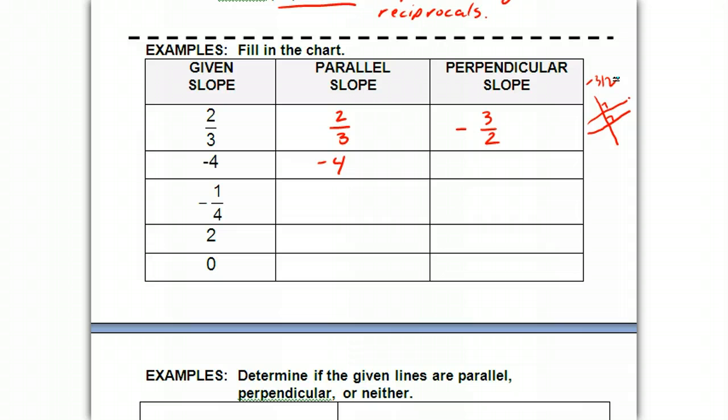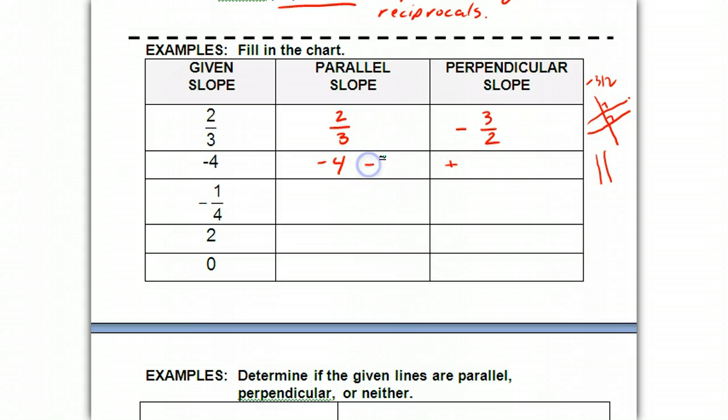Okay? So for -4, well, what does that slope look like? It's a really steep negative slope. Okay, so my first two lines here are going to have, there's two lines that say are roughly -4 the slope. My perpendicular slope, I'm going to switch the sign, so now I've got a positive slope. And this is really a fraction, right?